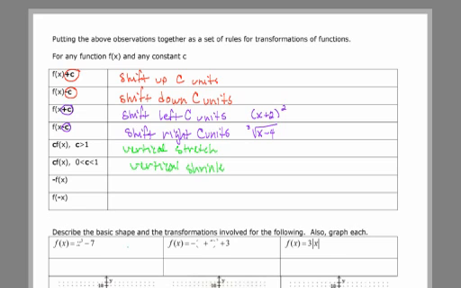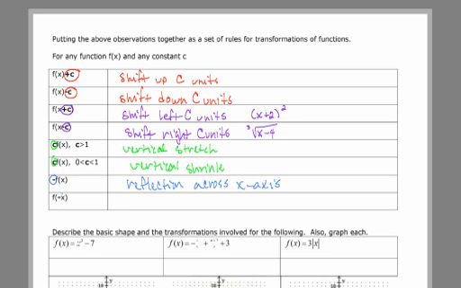Finally, the last thing we saw had to do with a negative. If the negative was outside or the negative was inside. So if the negative comes in front of the function, it's a reflection across the x-axis.